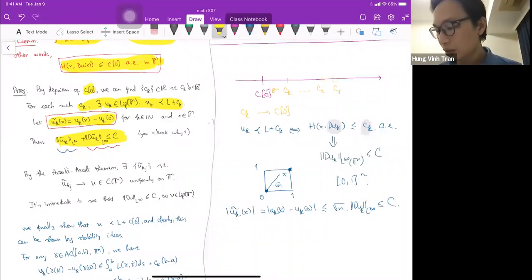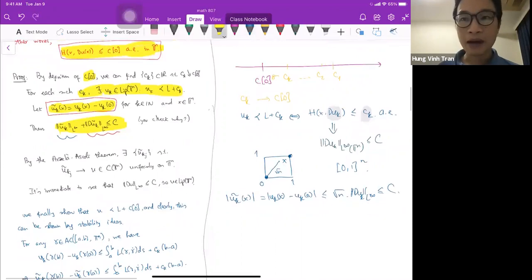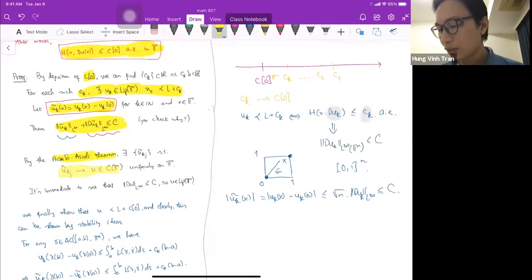So because UK tilde is bounded and equi-Lipschitz, by Arzela-Ascoli you can find a subsequence UKJ that converges to U uniformly. And the Lipschitz property is inherited right away.